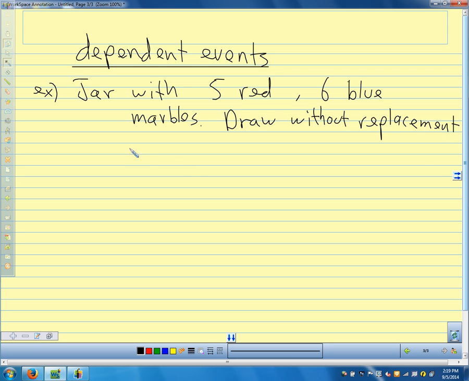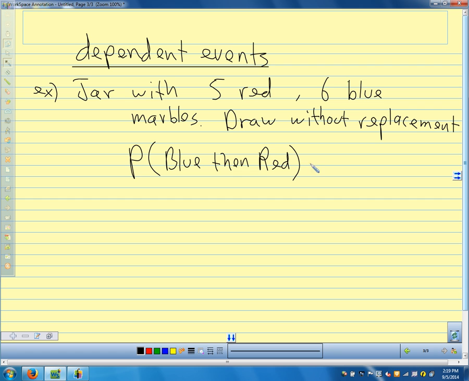We want the probability of blue, then red. We could also think of this, we're doing two draws.